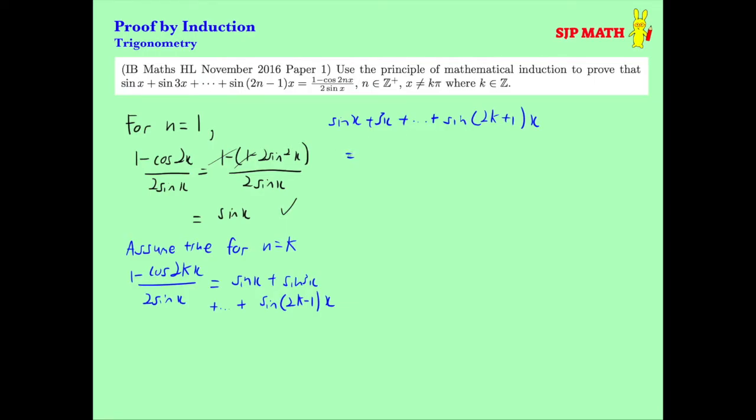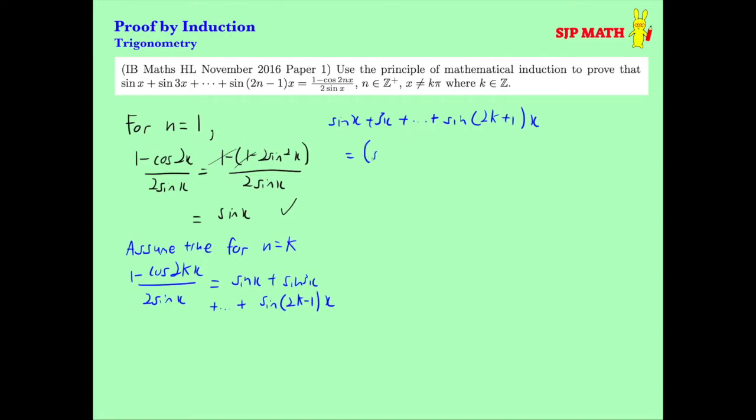Like I said in the introductory video, if you have a sum, then it's really easy to use proof by induction, because you can easily incorporate this into proving it for n equals k plus 1, because you can just split the sum.